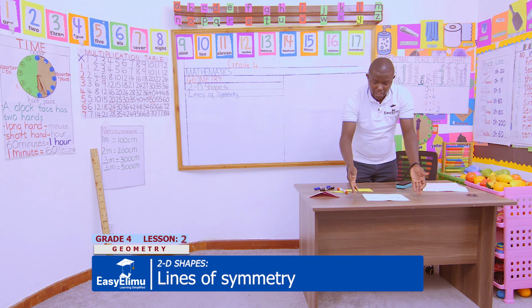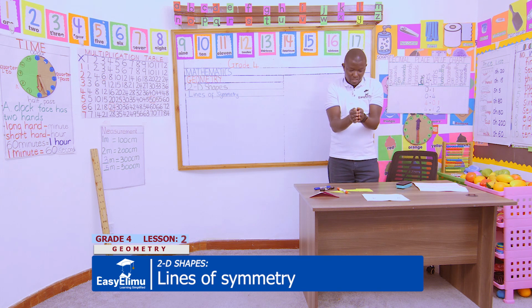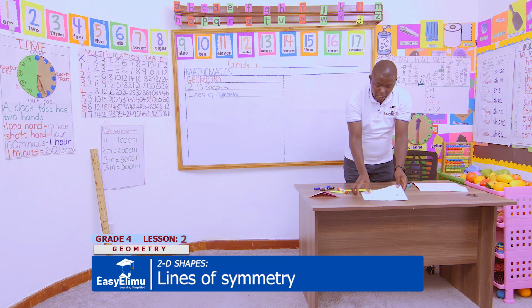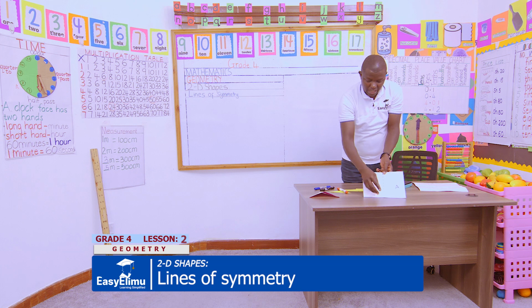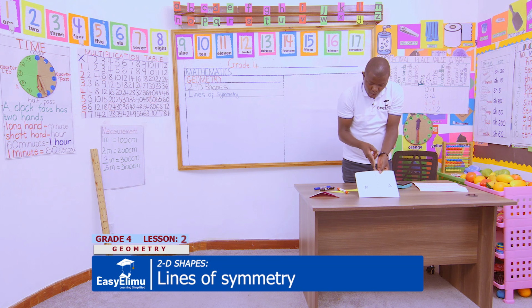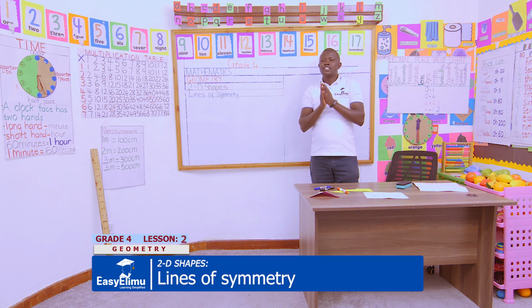Initially, I had one rectangular paper cutout. After folding it very well, being keen, I have come up with two smaller rectangles from the big one. This is the place where, if I want to divide them into two, I can cut it. This place where I can cut it is what I'm calling the line of symmetry.